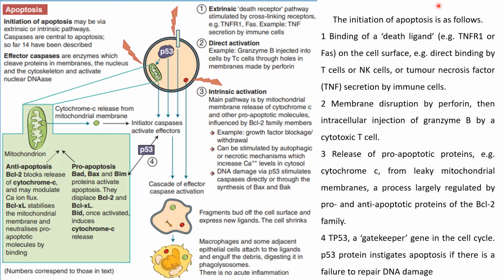Proteolytic cleavage of cell contents and water loss cause cell shrinkage. Fragments bud off, enclosed by cell membrane, which expresses new ligands. Apoptosis does not stimulate an acute inflammatory response. Instead, macrophages and adjacent cells bind the new ligands and phagocytize the fragments.